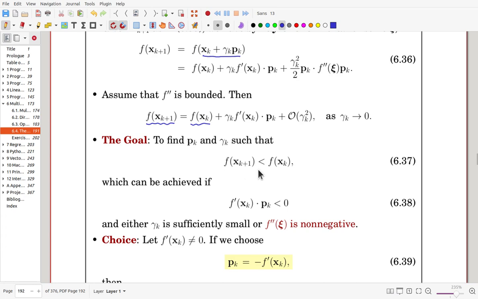Once this dot product is negative, then because the step length is positive, we have a smaller value when this is sufficiently small, and the second derivative, the Hessian, is non-negative.